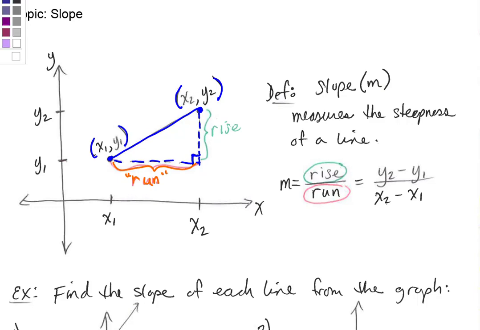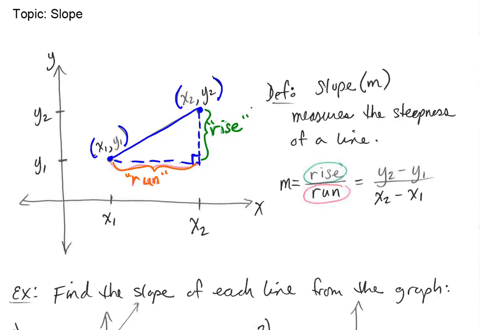And similarly, we're going to let the vertical distance be described as the rise. So we have rise as that vertical distance. Again, those words are just kind of descriptive and useful. Rise typically means something going up and down, so vertical distance is rise.